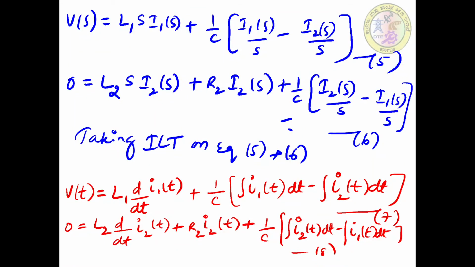Okay, so therefore now using equation 7 and 8, it is possible to write the torque voltage analogous circuit. What we have, the equation 7, I am just rewriting equation 7.